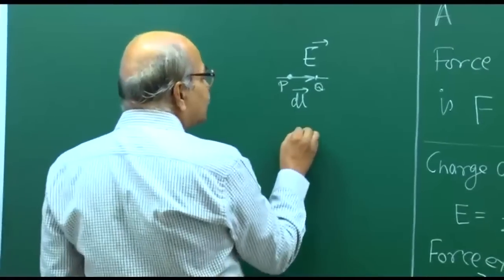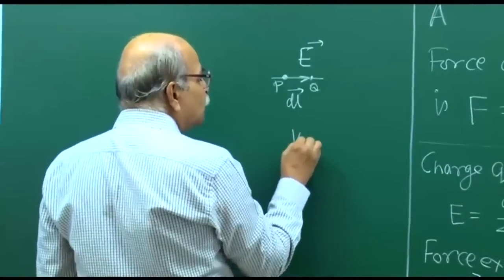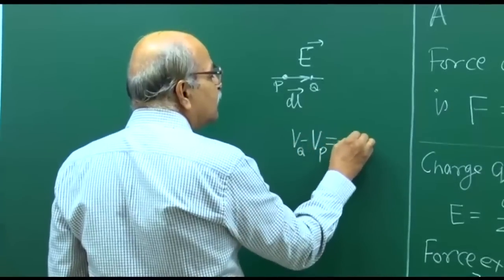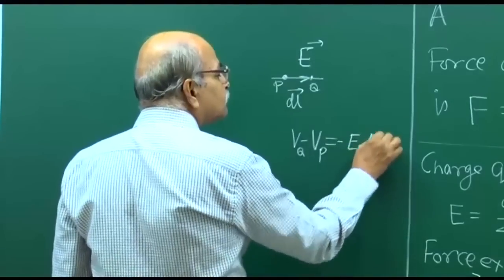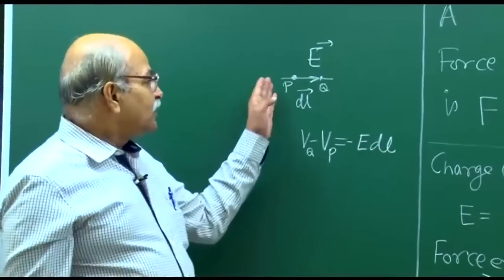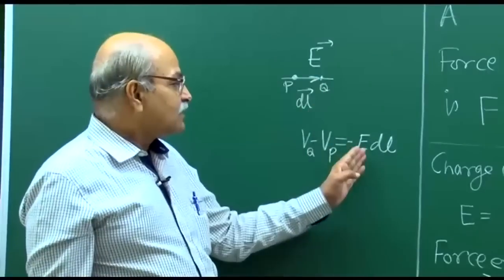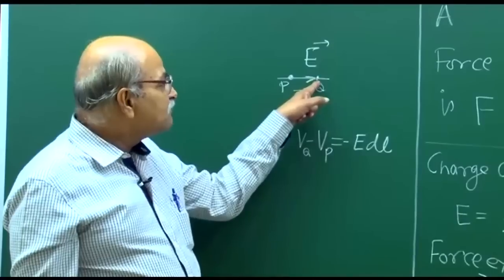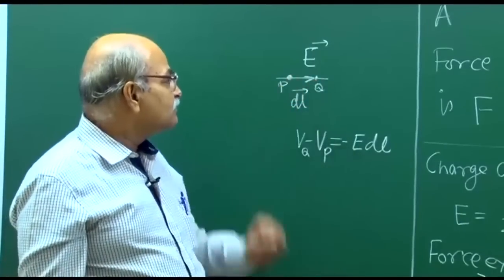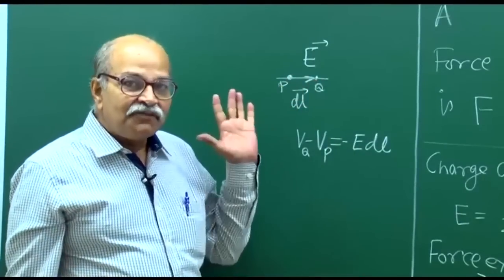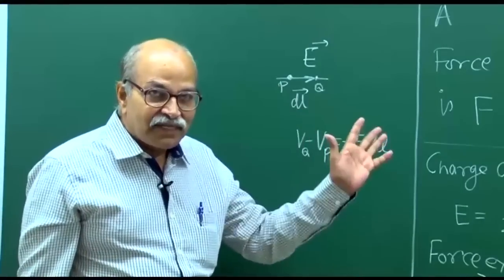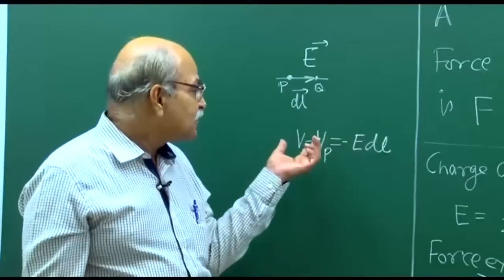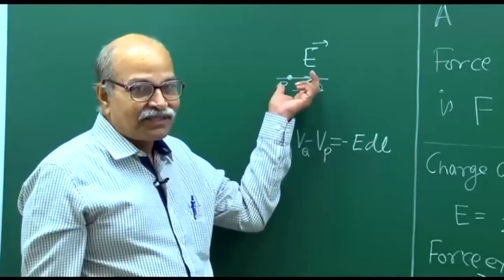So we will say that V at Q minus V at P will be minus E dot dl. If we are going in the direction of the electric field, just E into dl with a negative sign will be the potential difference, VQ minus VP. That means, if we are going in the direction of electric field, the potential decreases, and this is the potential difference between these 2 points.